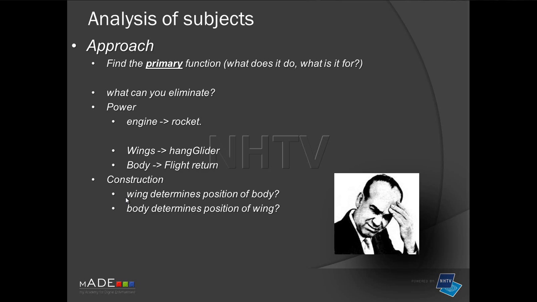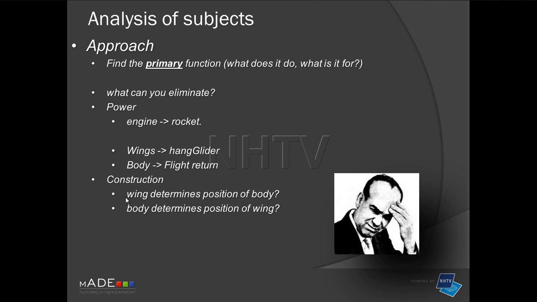The body is almost in all cases centered on the wing, unless you have a multiple body system on the wings. But even then, the point of gravity or the point of weight is always going to be centered. So the position of the wing is something that we can say is going to be determined by the body.